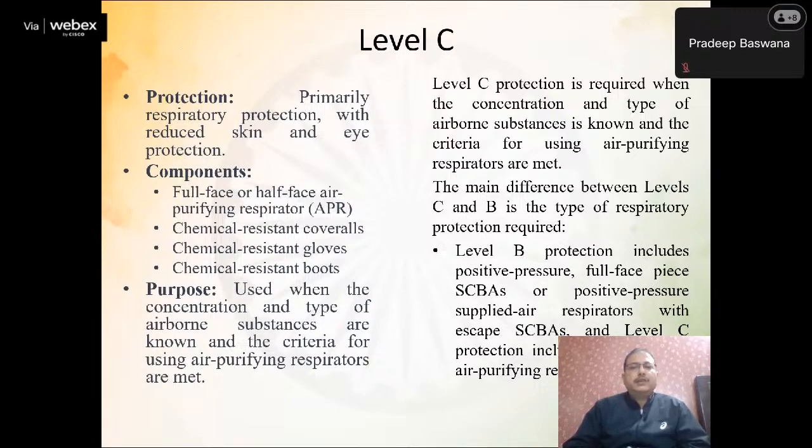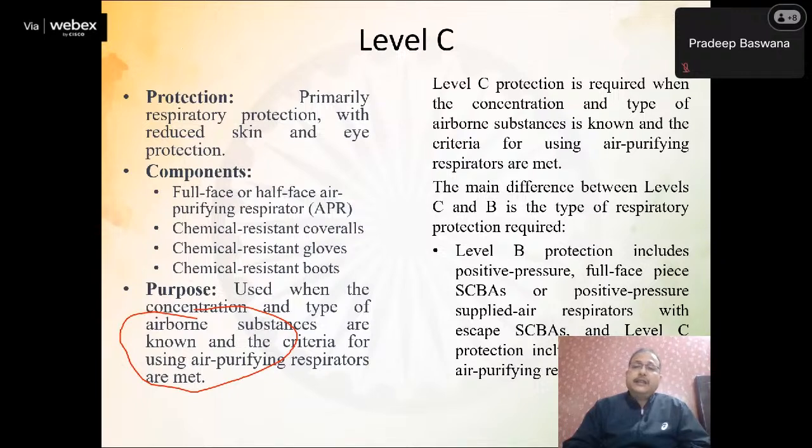It is used when the concentration and type of airborne substances are known and the criteria for using air purifying respirators are met. Level C protection is required when the concentration and type of airborne substances is known. If you know the type of material because you are handling it and you know that this type of leakage has taken place, it could be used, and the criteria for using air purifying respirators are met.